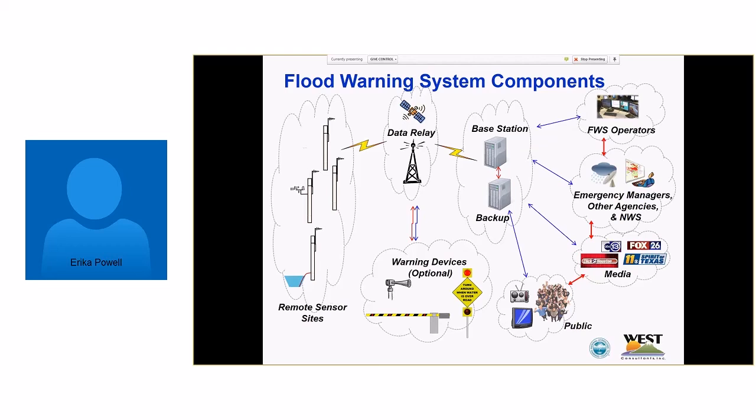You have to be able to communicate with your flood warning system operators, emergency managers, and other agencies like the USGS, the Corps of Engineers, or the National Weather Service. You have to be able to communicate with the media. And most importantly, you have to engage the public. And as you can see, with all those arrows crisscrossing the entire screen, there are multiple communication directions between and among all the different players in the process.